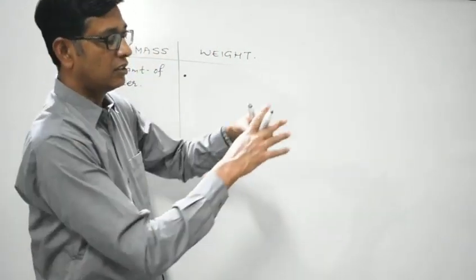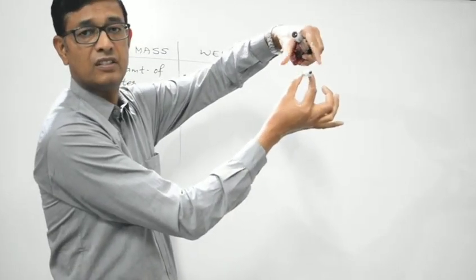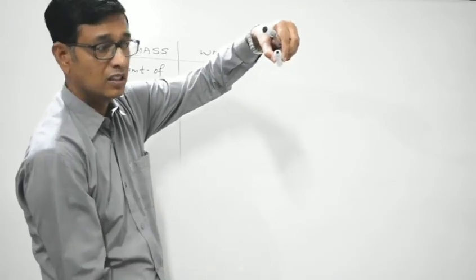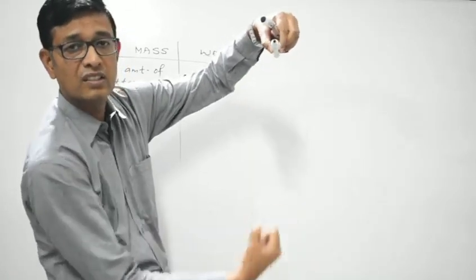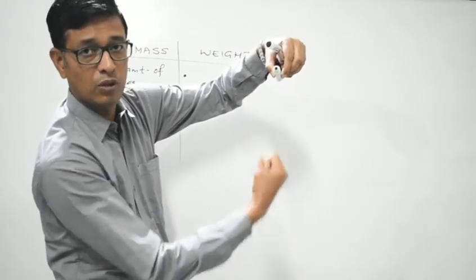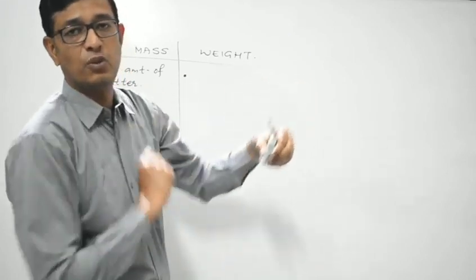Now look, this is an object. If I release it, it will certainly fall down. Why? Because the earth is attracting this body towards its center. And that pull, that gravitational pull by the earth is known as the weight of this body.